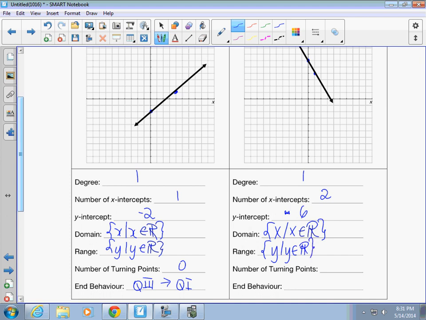Number of turning points, there were none. Now this graph going from left to right for our end behavior started in quadrant 2 and ends in quadrant 4. So even though I didn't continue my line down much further, you can tell that that's where it would be done.